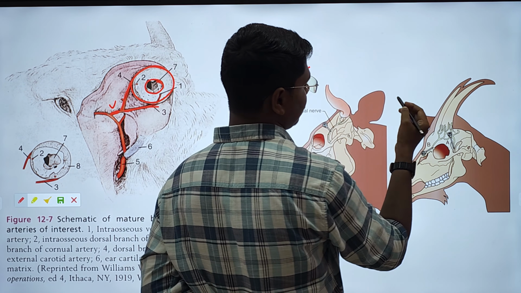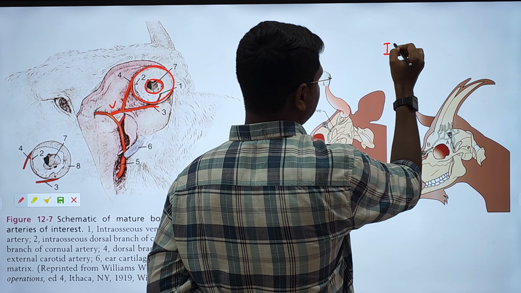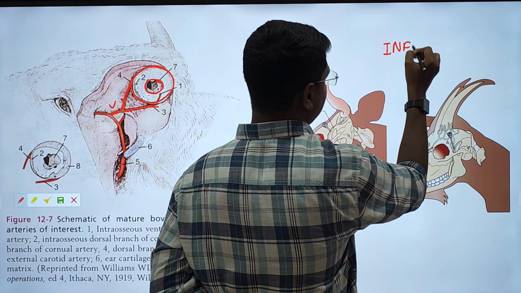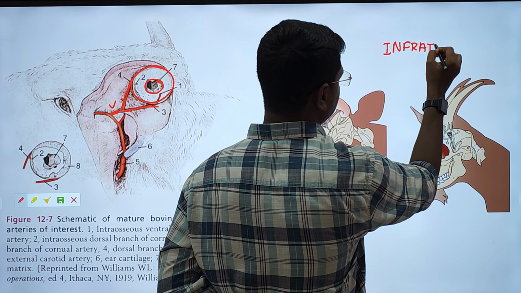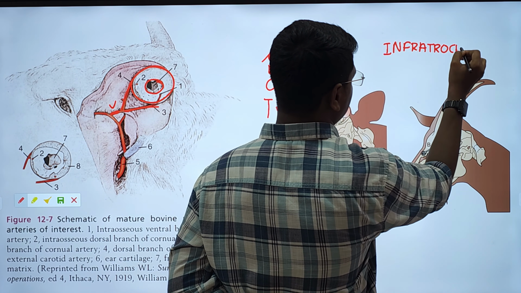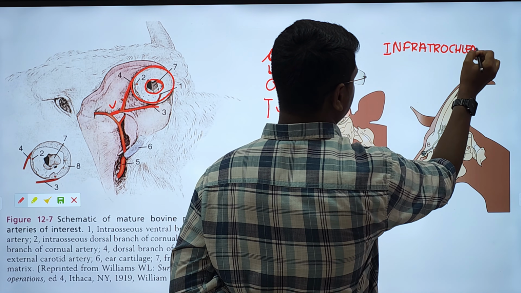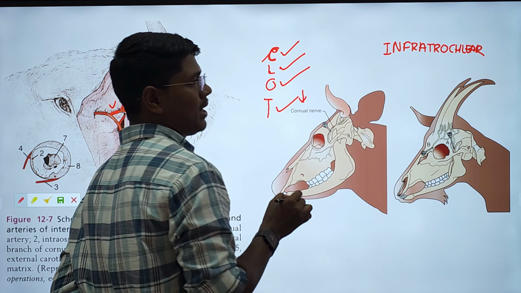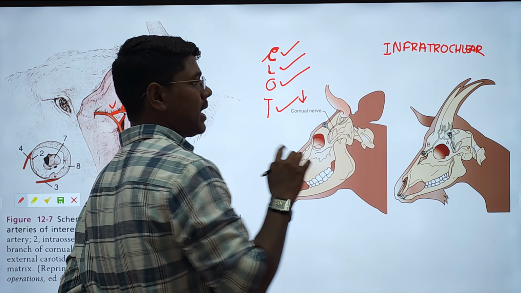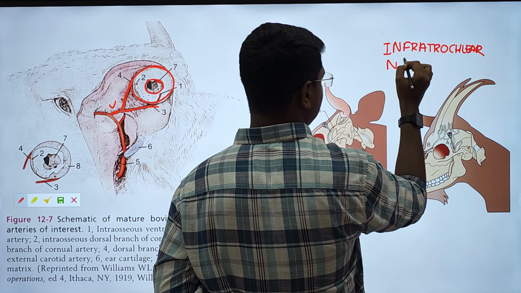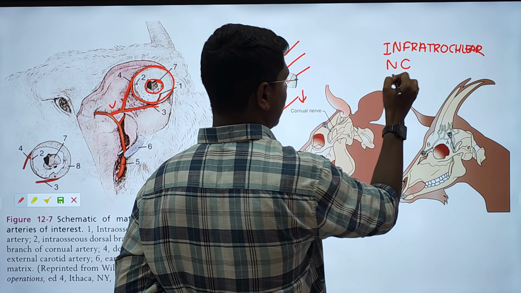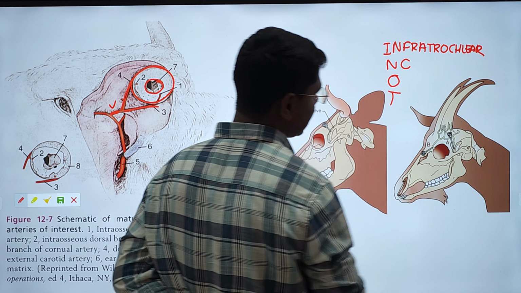But here there is also the cornual branch of the infratrochlear nerve, which is a branch of the nasociliary nerve, which is the branch of the ophthalmic, which is the branch of the trigeminal.